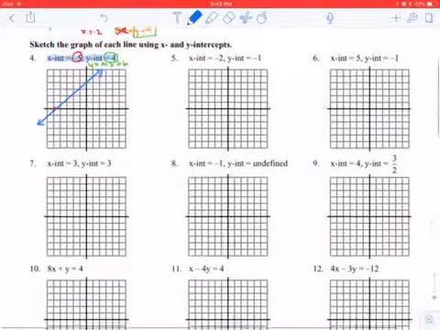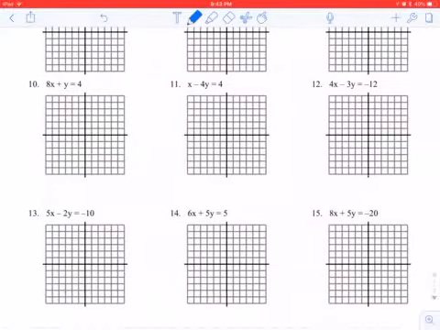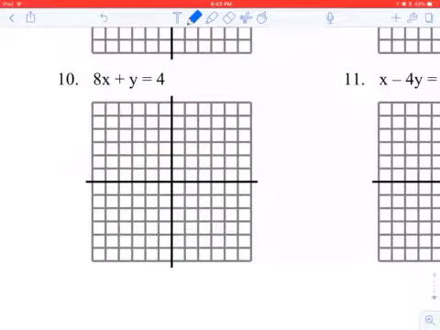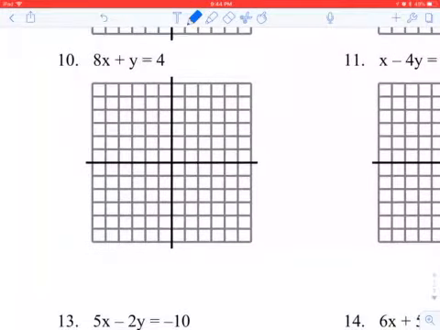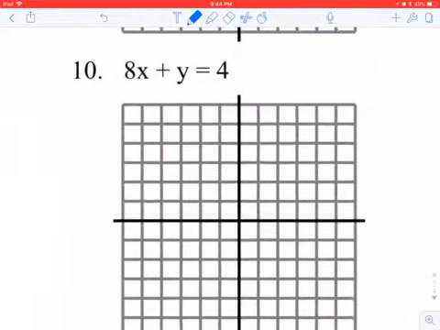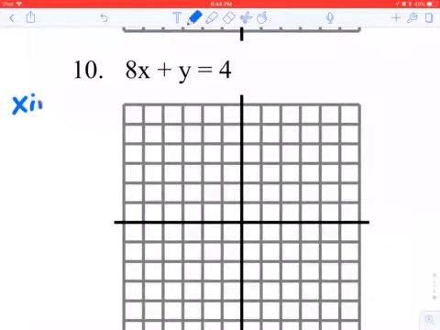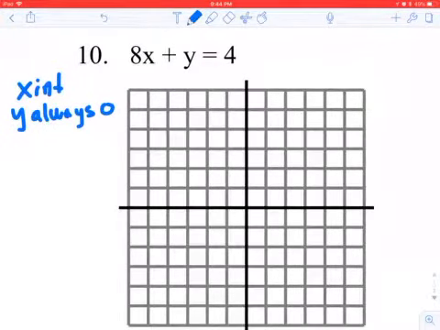Okay, number 10. We already have the skill to turn this into a y equals mx plus b problem, that way you have your slope and your y-intercept. But let's graph this using just our x and y-intercepts. Let's start with the x-intercept. Remember, for the x-intercept, y is always 0. So I'm going to plug 0 in there. 8x plus 0 is equal to 4.